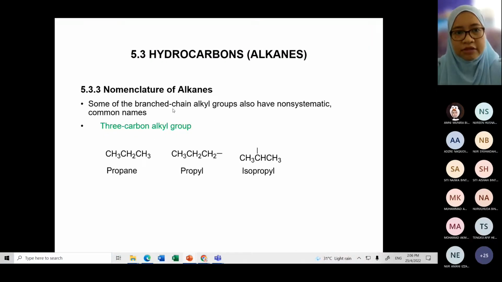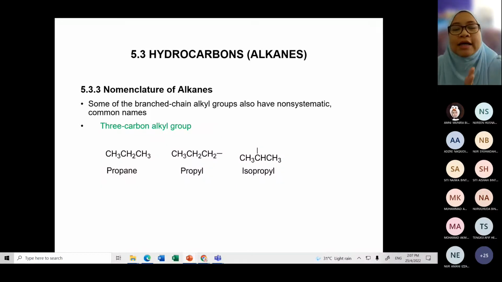Some branched-chain alkyl groups also have non-systematic common names. The rules that we have gone through are to name the compound systematically, giving systematic names for the compound.